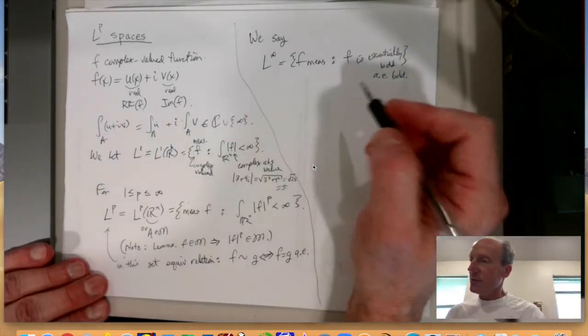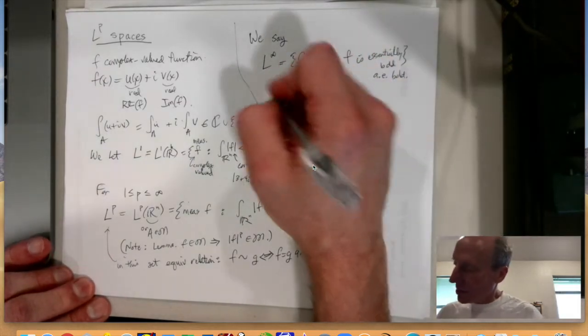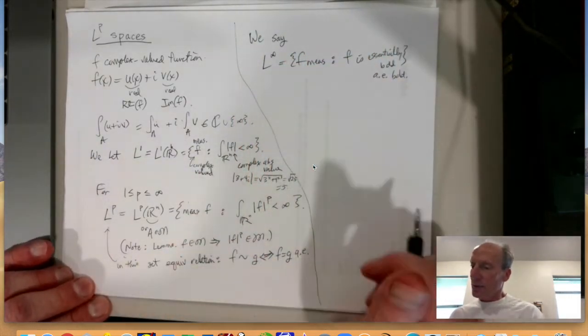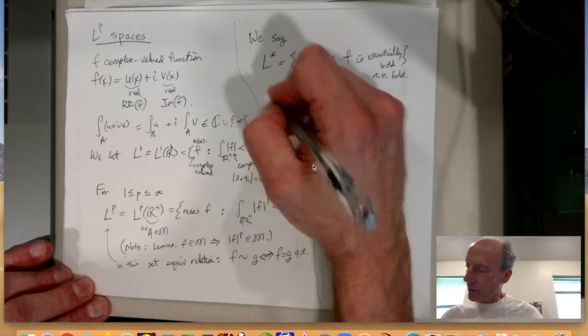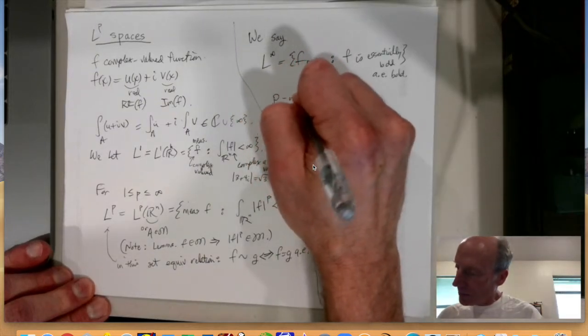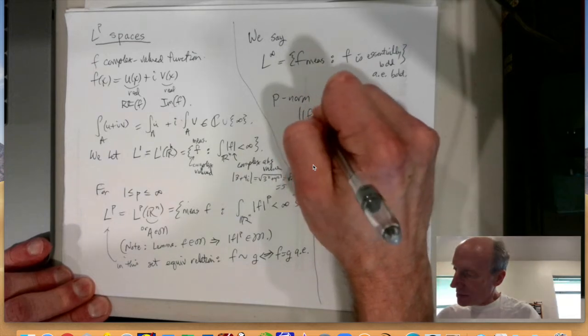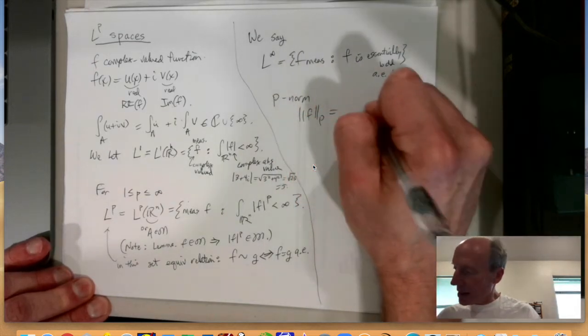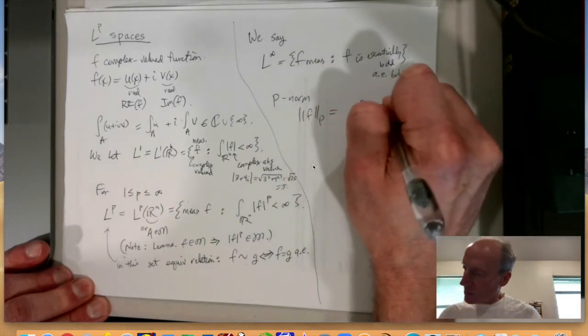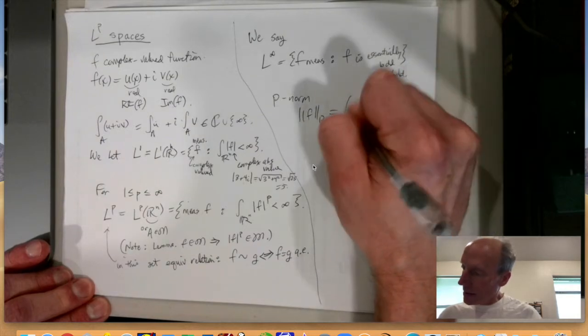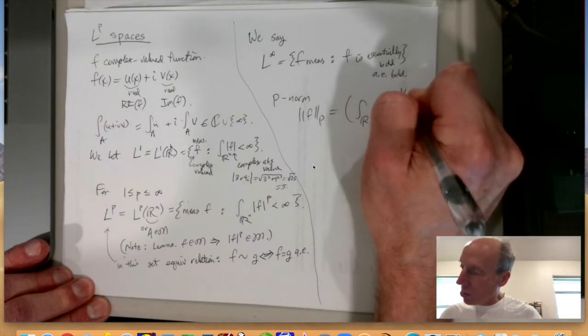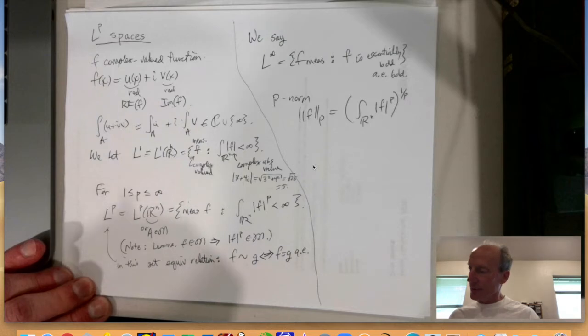What does this actually mean? I'll tell you in a second. Let me first tell you the P norm that goes with an LP is this: you do the integral of the absolute value of f to the p power, and then you raise the whole thing after integrating to the 1 over p.